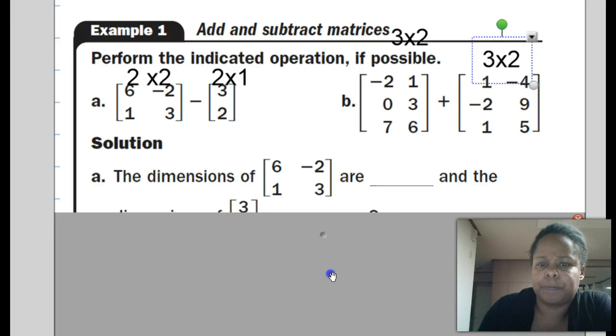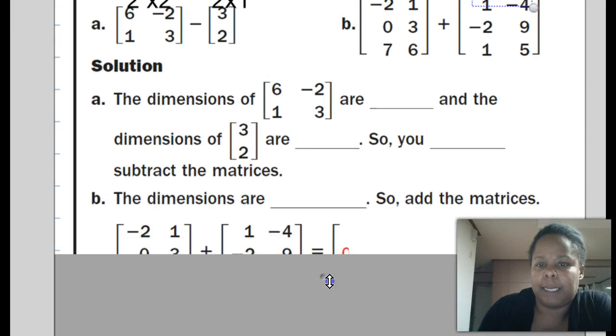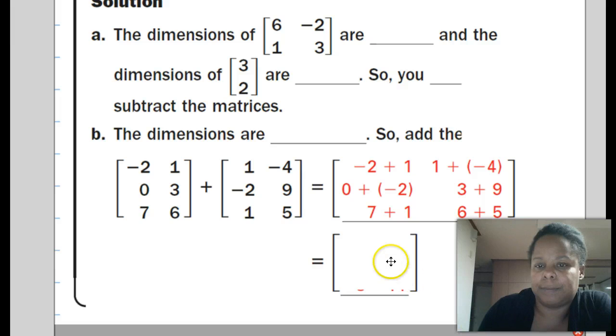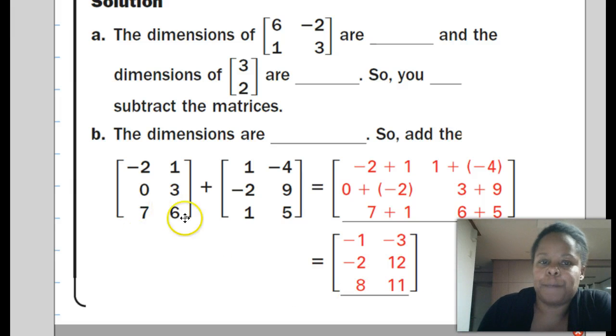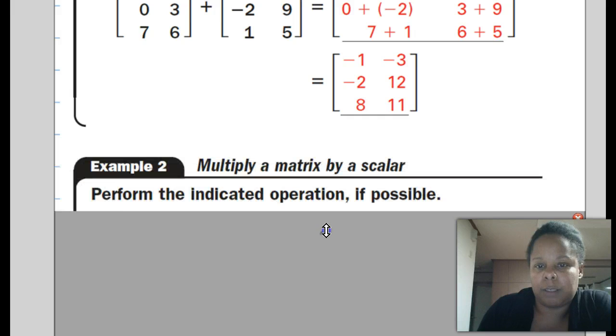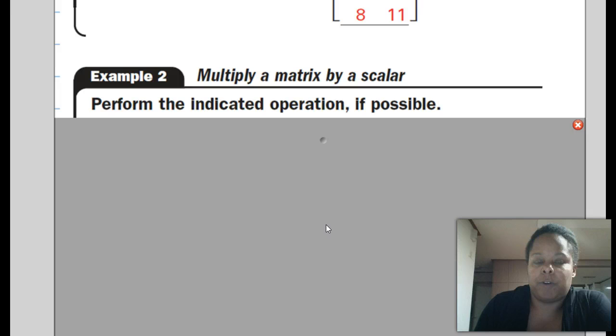And very quickly, when we do that, we get an answer that looks like this, and simplified to this. Super easy, okay? And the only reason we could add them is because they have the same dimensions. Okay, moving on. If you need to take a look, you can pause the video. Let's go over here for example 2.